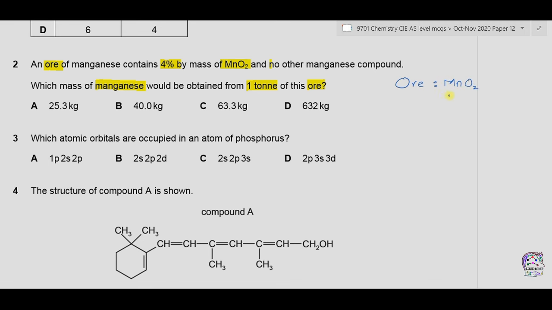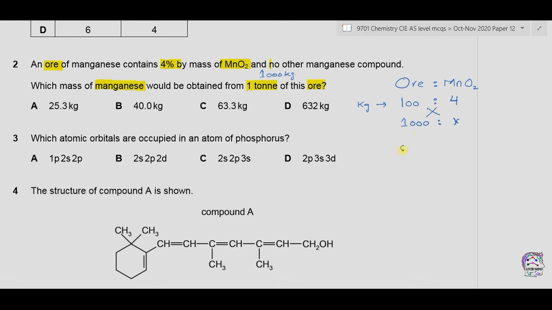As MnO2 is 4%, we can write 4 for MnO2 and 100 for ore. As in the question, we have 1 ton of ore, which is 1000 kilograms. So if we take this percentage as kilograms, we can write 1000 kg for ore and X for MnO2.